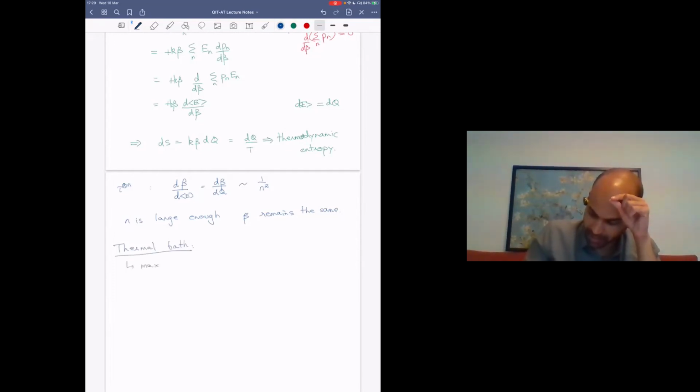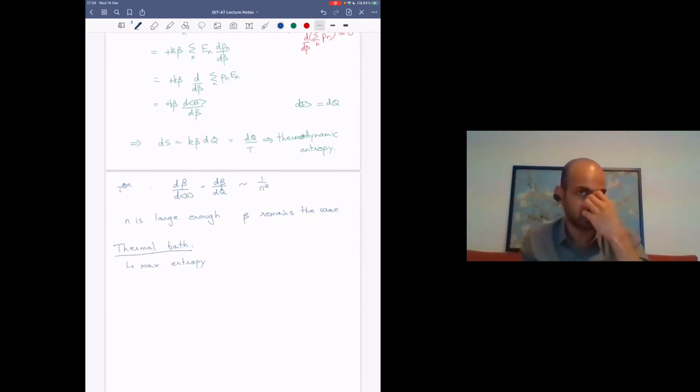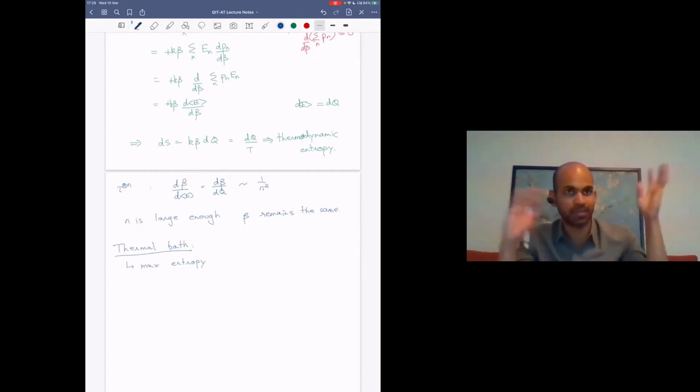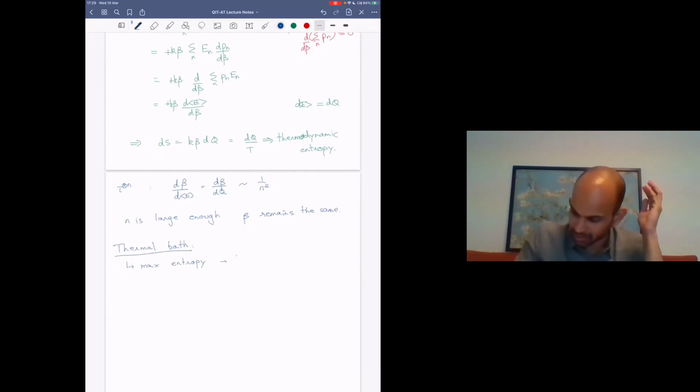And so this is now really the basic definition of a thermal bath. It is always at the maximum entropy, given the knowledge of the energy. And even in the case of more complicated thermal baths, you only have a few big parameters of the bath, but it is a maximal entropic state. So it is in a, well, I would say Gibbs state, because saying thermal state is a bit redundant here. And the fact that it is large enough means the temperature does not change.